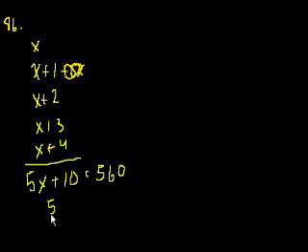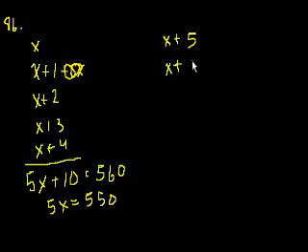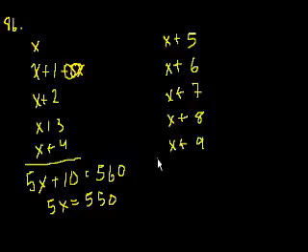Fair enough. Or we could say 5x is equal to 550. I think we can use that information. Now, what are the next 5 integers going to be? It's going to be x plus 5, x plus 6, x plus 7, x plus 8, and x plus 9, right? These are 5. And what do those add up to be? That's 5x plus 5 plus 6 is 11, plus 7 is 18, plus 8 is 26, plus 9 is 35.